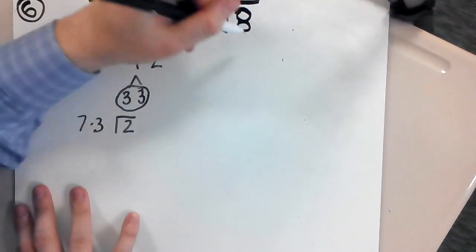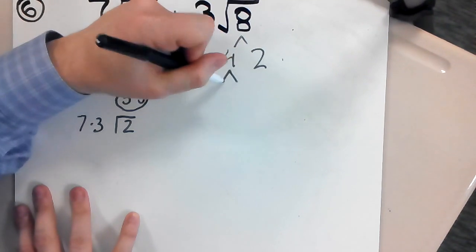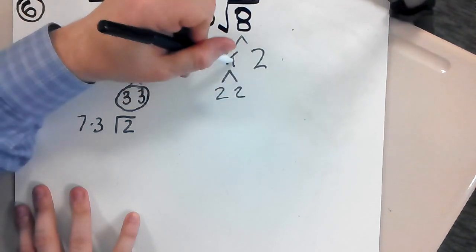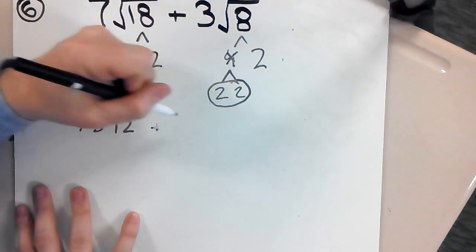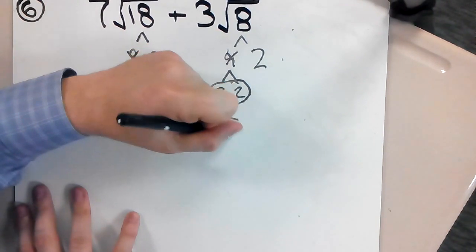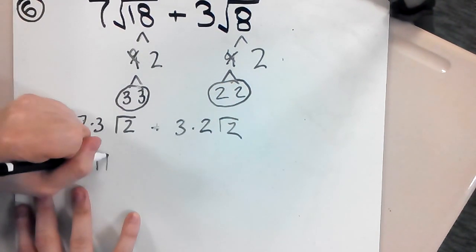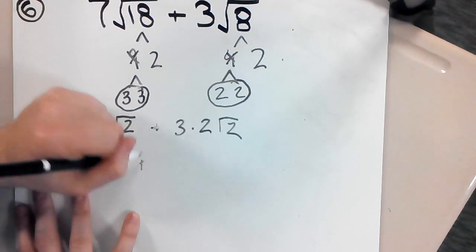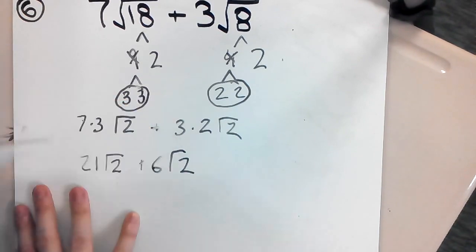Here, I'm doing the same thing. 4 and 2. 2 and 2. He gets out of jail. So 3 times 2, square root 2. 7 times 3 is 21, square root 2. 3 times 2 is 6, square root 2.